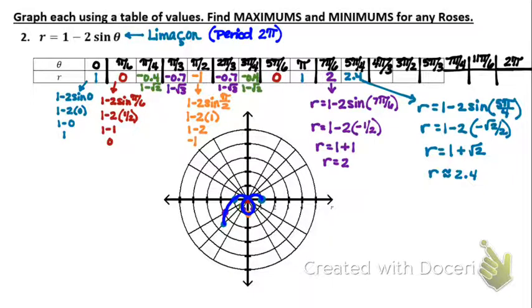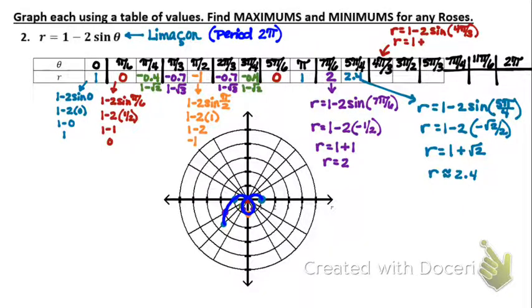Next, 4 pi over 3. What is sine of 4 pi over 3? Negative square root of 3 over 2.